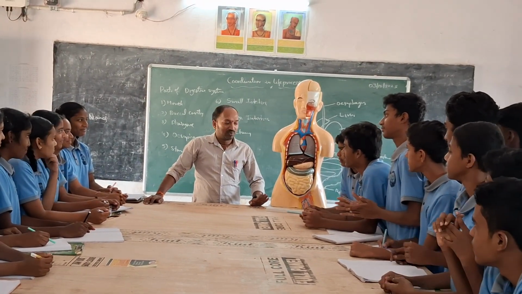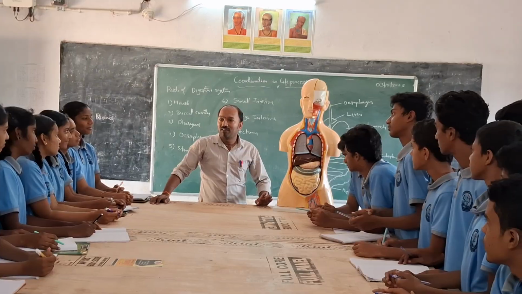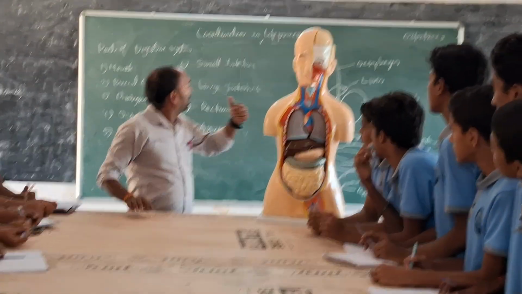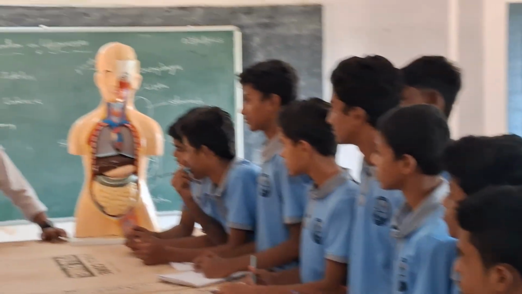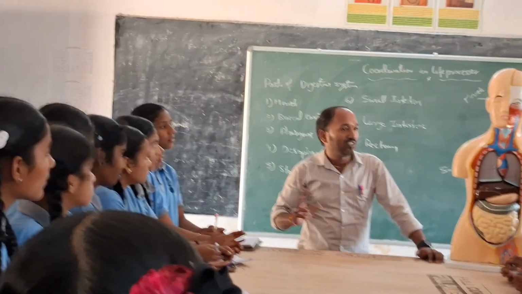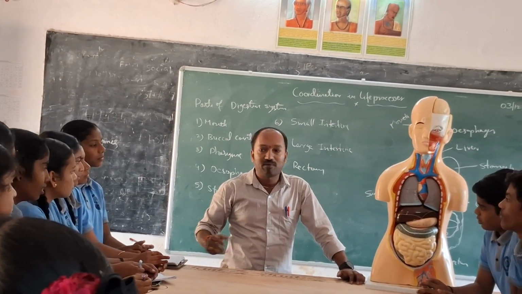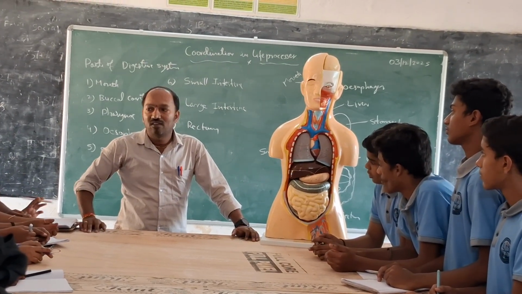Right. So far we discussed the digestion system as a part of coordination in life processes in the lesson. We discussed how metabolisms and life processes are interrelated with each other. To understand how they are interrelated, we studied the digestion system.